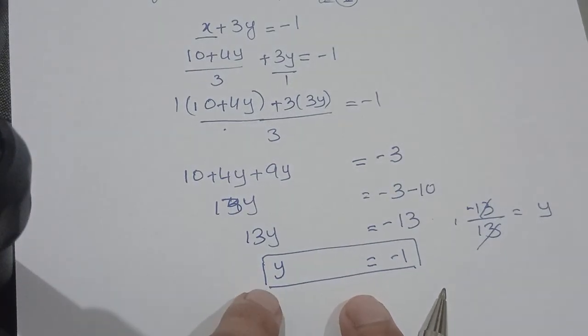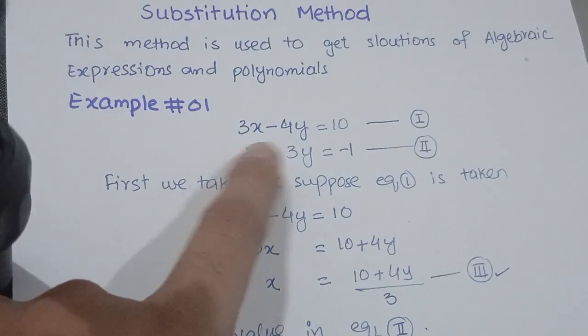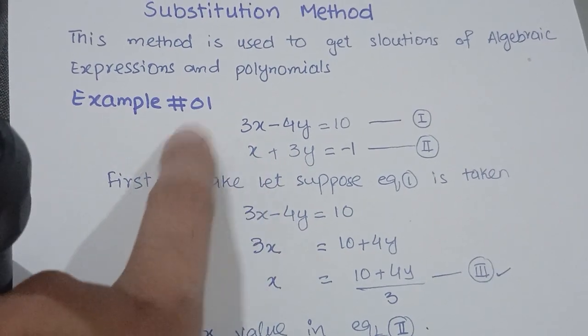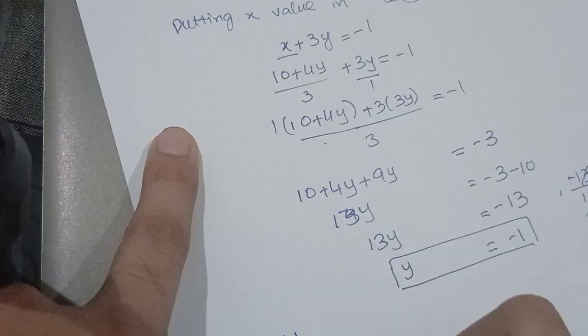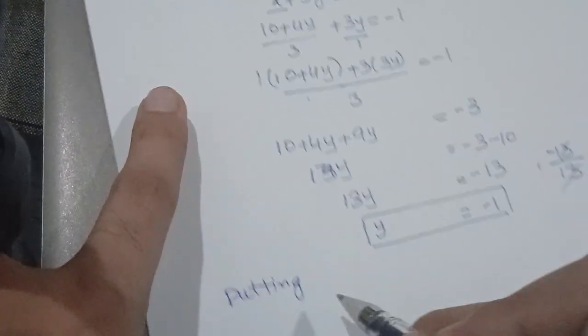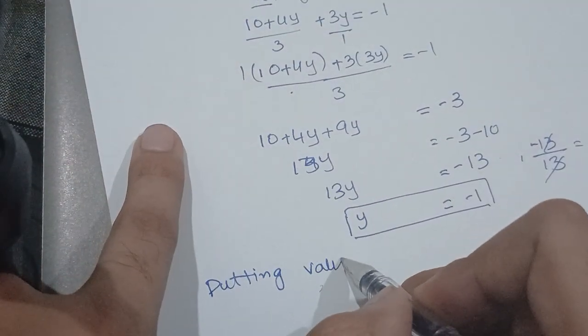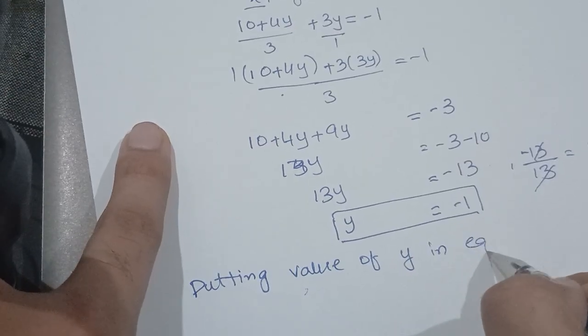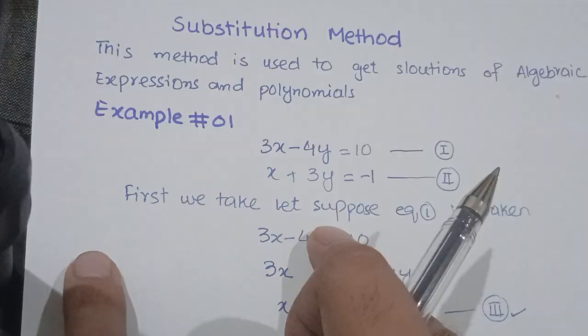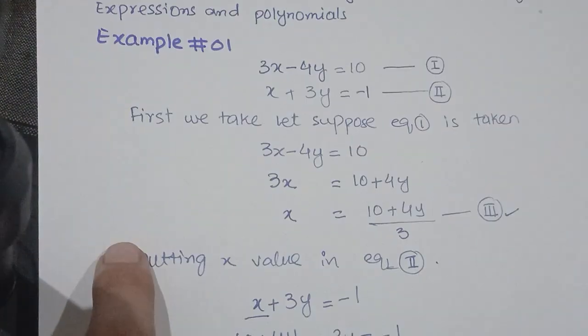Now we will put this value of y in any of these two equations to get the value of x. We will put value of y in equation 1. You can put any of these two equations, you will get the same answer.